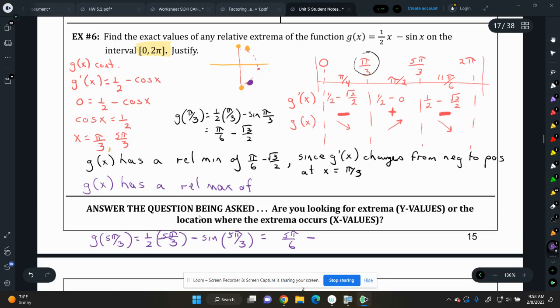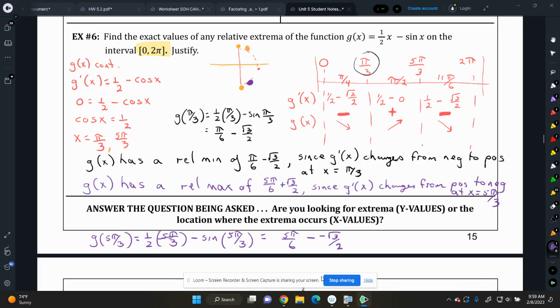And the sine, remember, is the y value, so that's negative square root of 3 over 2. So this is going to be a relative maximum of 5 pi over 6 plus the square root of 3 over 2. Since g prime of x changes from positive to negative, make sure you state where that happens, at x equals 5 pi over 3.